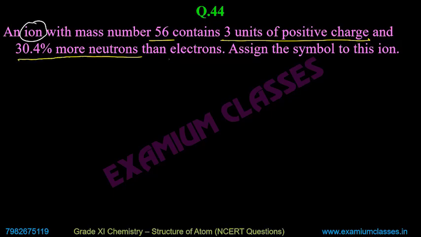30.4% more neutrons than electrons. Remember, we are talking about the ion only, so whatever we assume will be in ions only. We will do the same thing as we have done here.